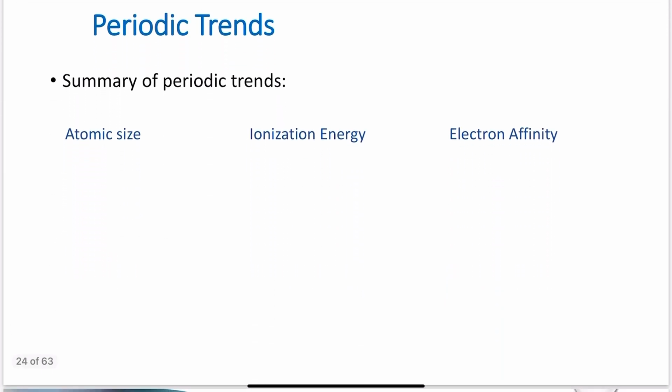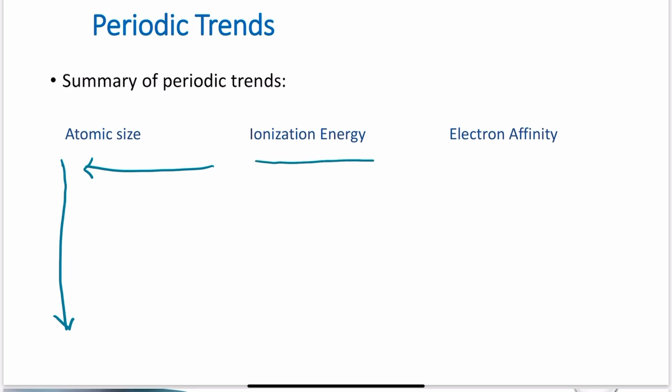And our periodic trends. We will cover each one of these individually, but this is just a general summary slide for what we're going to talk about in the other videos. Atomic size increases as we go down the table and from right to left. Ionization energy is the amount of energy it takes to remove an electron from something, making it a positive ion, or cation, giving it a positive charge.